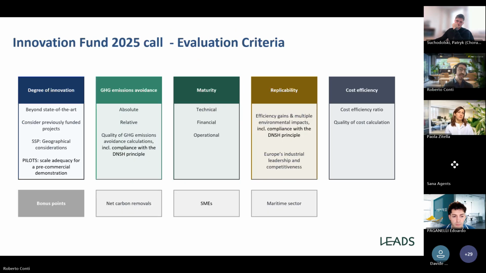So now I just want to focus briefly on the evaluation criteria. In the Innovation Fund program, we have 5 evaluation criteria with a cascade approach. The first one is the degree of innovation. Then we have the GHG emission avoidance, maturity, which includes technical, financial, and operational maturity, replicability, and cost efficiency. Plus, we have 3 bonus points.